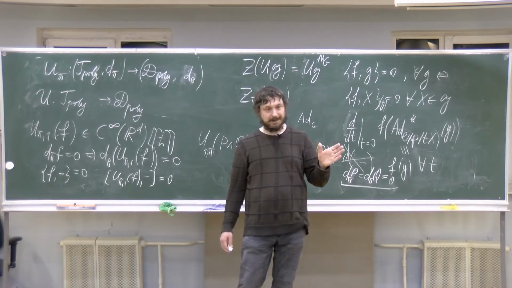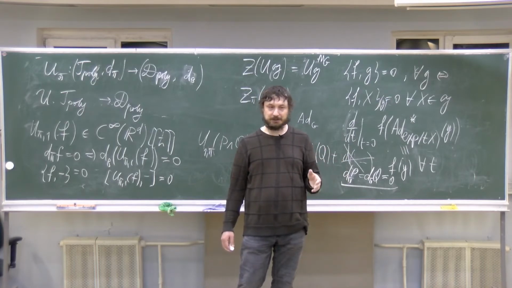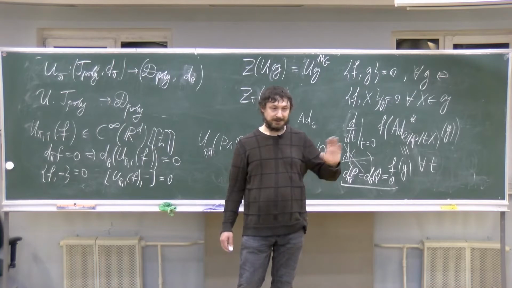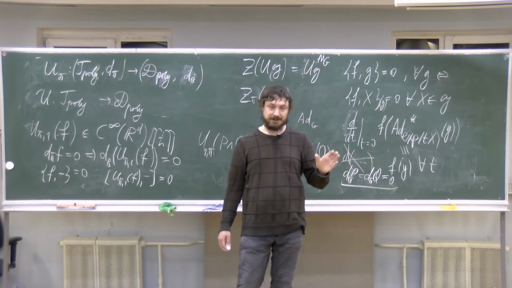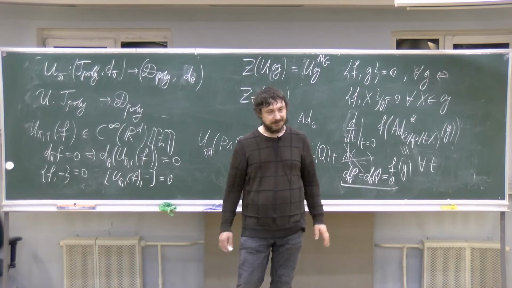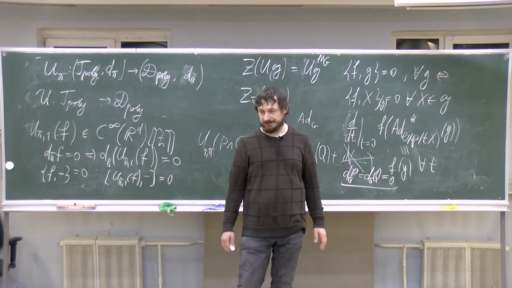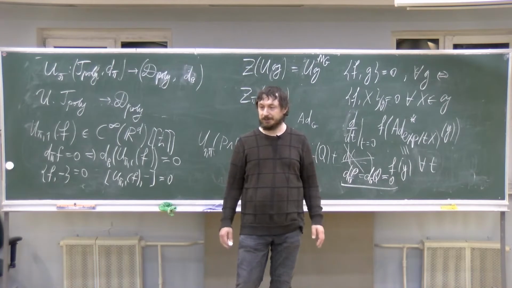He will talk about the way they are used in applications, I hope. He will also explain some categorical construction which lurks behind the definition of Manin matrices. It turns out that Manin matrices can be interpreted in a categorical way as morphisms in a certain category. I hope he will explain this to us. Okay, so see you in 2 weeks.